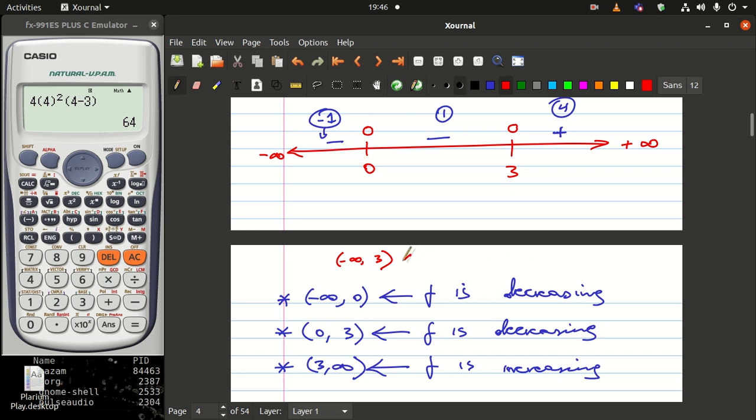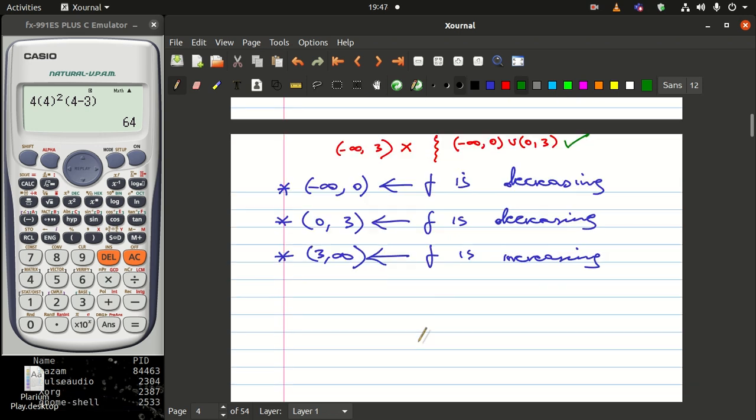So this one is not 100% correct, unless you say that this function is decreasing from negative infinity up until you arrive at 0, and also from 0 up until you arrive at 3, because now using this union you say that 0 is not included. So this one is correct, but this one is not correct. That is why I am writing it like this.